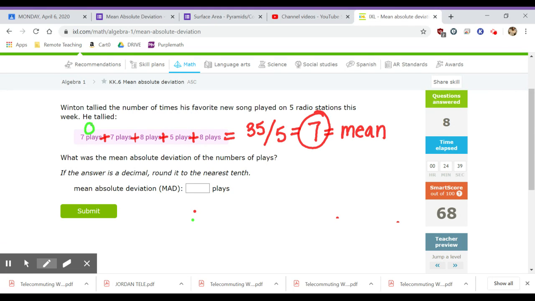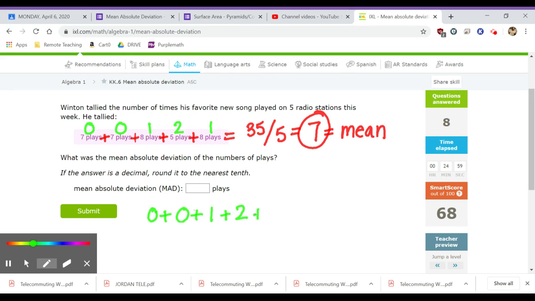So 7 is 0 from 7. 7 is 0 from 7. 8 is 1. 5 is 2. 8 is 1. Okay, so if I add all of these together, all of my new numbers, I'm going to have 0 plus 0 plus 1 plus 2 plus 1 divided by 5.